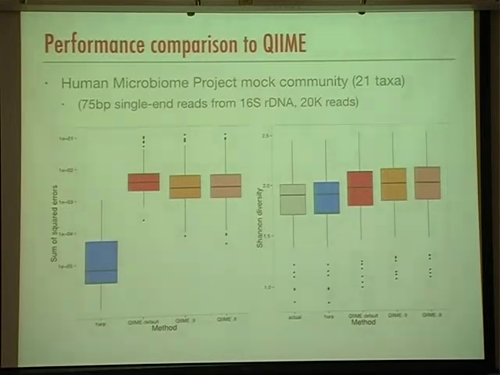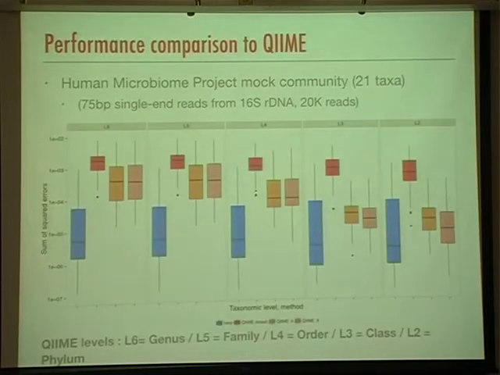You might say, okay, well, what if we zoom out and look at higher levels of taxonomy? And so QIIME has a way of breaking up the taxa in the reference set into genus level classifications, family level, order, class, and phylum.